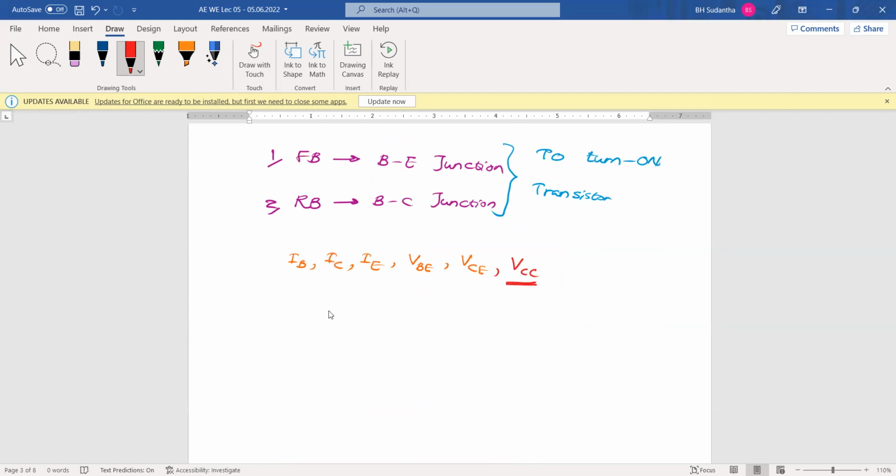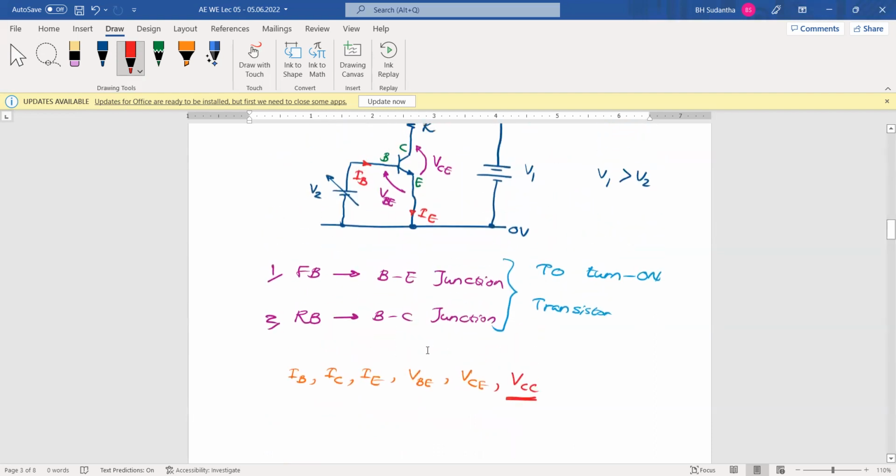These 5 parameters are involved in the transistor. Earlier with the diode, we had only 2 things, forward voltage and forward current, VF and IF. But here we have 3 currents and 2 voltages. Is it okay? Any question?